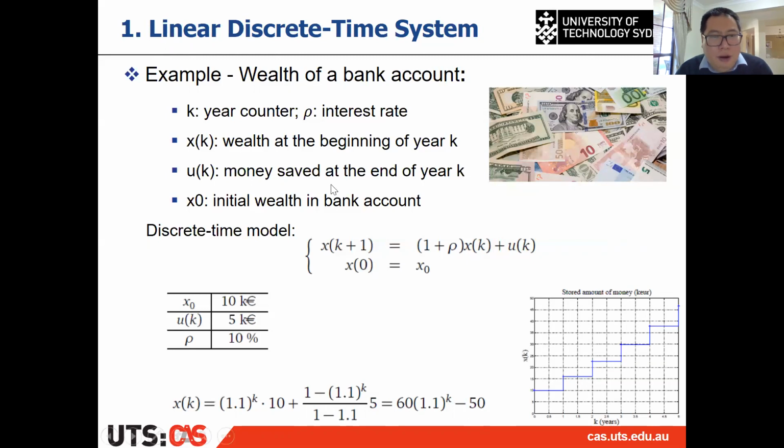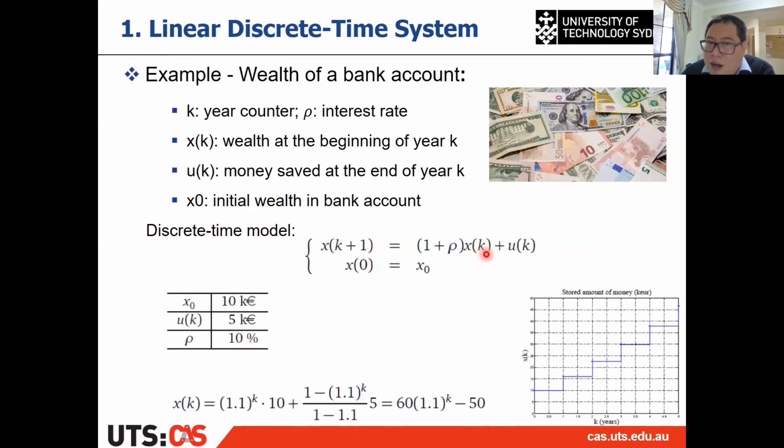All right, so from the example, we can see xk is the wealth in the account at the beginning of year k. So we want to find what xk plus 1 is. What is xk plus 1? It is the wealth at the beginning of year k plus 1, right? I think it has 3 parts. The first part is the wealth at the beginning of year k, of last year, which is xk.